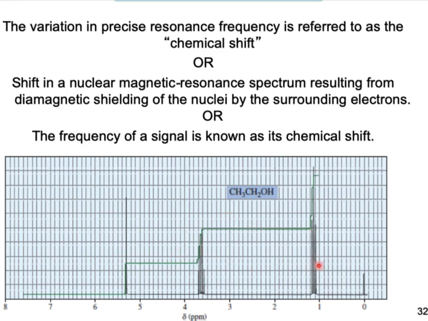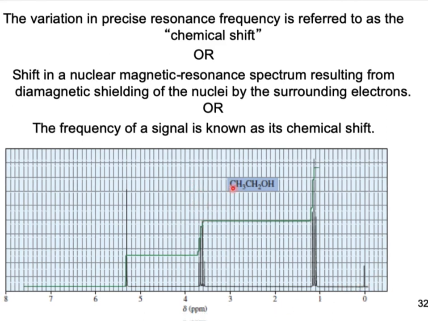Later we will see why these signals are separated, why they have different frequencies, because the x-axis tells us the frequency of particular nuclei, right. So in NMR you have to put more emphasis on this x-axis, which tells us the frequency of the proton, right.